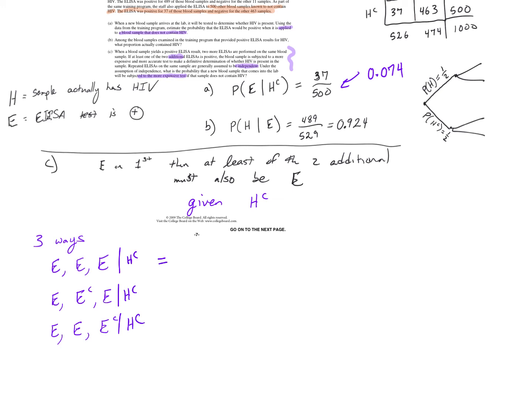So the probability of getting a positive three times is 0.074 to the third, which is 0.000405.